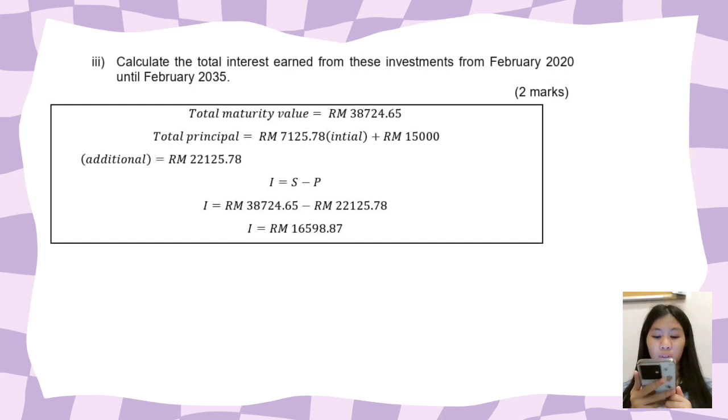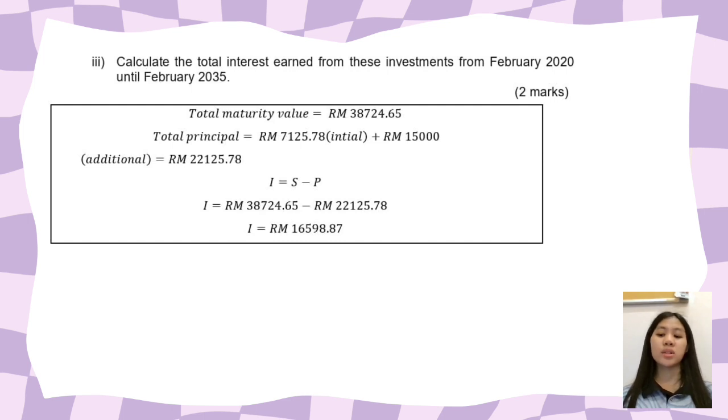For question 3, we need to calculate the total interest earned from this investment from February 2020 until February 2025. The total maturity value is RM 38,724.65, while the total principal is RM 7,125.78 plus RM 15,000, which equals RM 22,125.78.